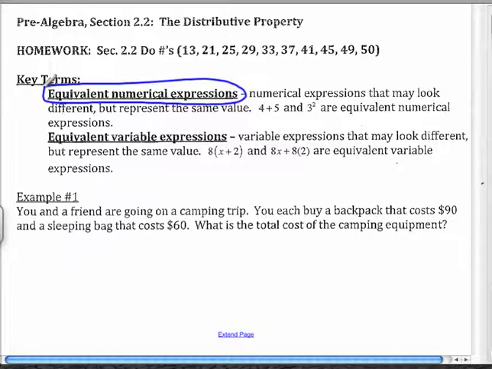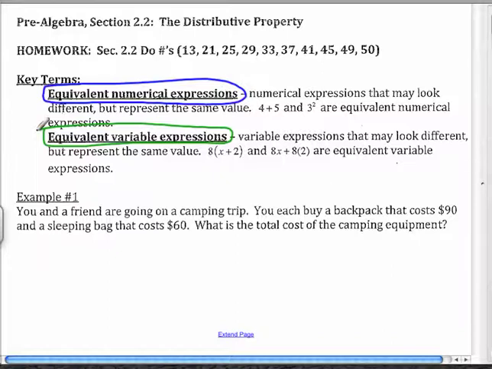Now, taking that same idea, equivalent variable expressions. Those are expressions that have variables in them, x, y, t, that may look different but represent the same value.